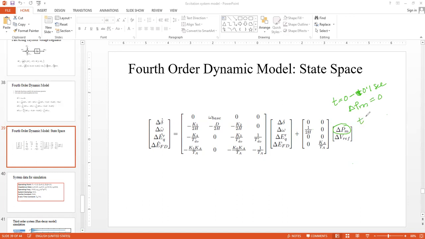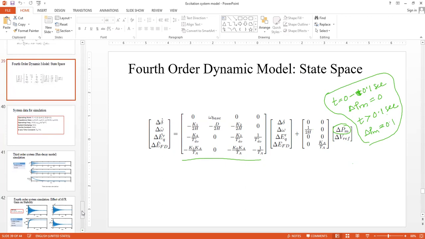Then if t is greater than 0.1 second, we made del PM equal to 0.1. This is the disturbance that we applied to our system so that we can observe the dynamics of the overall system.